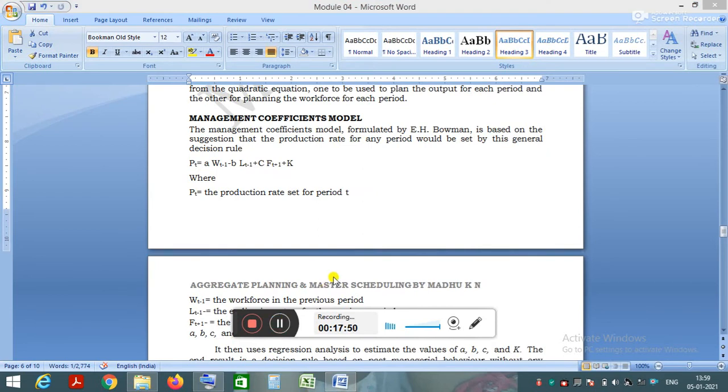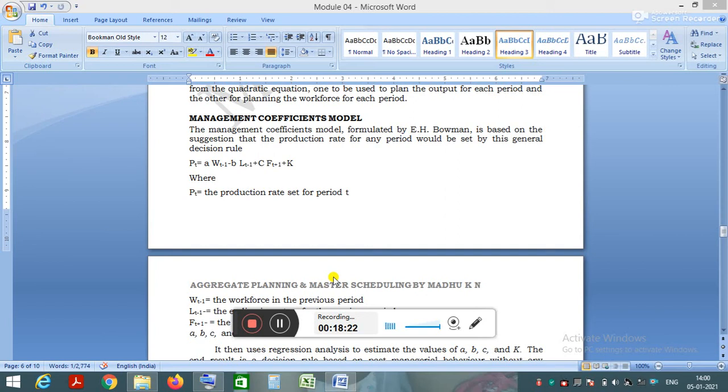Okay, the next method in mathematical techniques is the management coefficients model. It is formulated by E.H. Bowman. It suggests that the production rate in any organization can be calculated by using a formula: P suffix t equals A into W suffix t minus 1 minus B into L suffix t minus 1 plus C into F suffix t plus 1 plus K, where A, B, C are the constants.